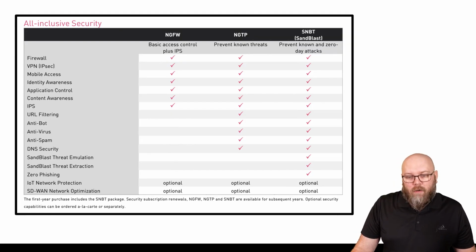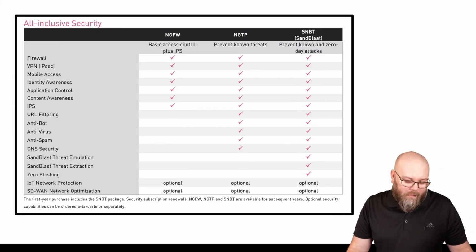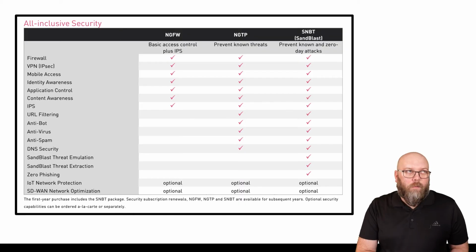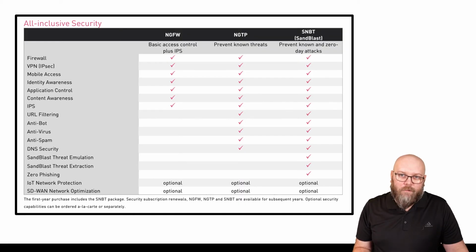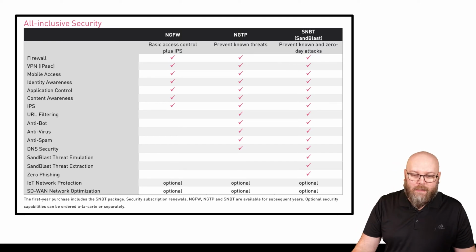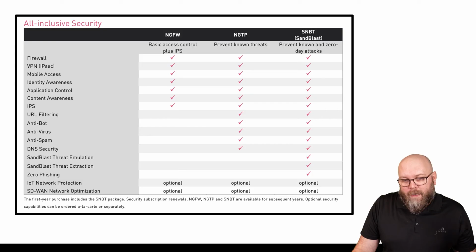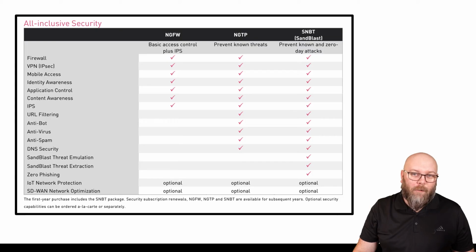So you need to check, okay, do I need IPS or do I want URL filtering? So it really depends on where this box is going to be placed. And NGFW is the smallest package that is possible to buy. So this already includes identity awareness and application control and IPS. So as you see here, there are already a lot of functions within the NGFW.